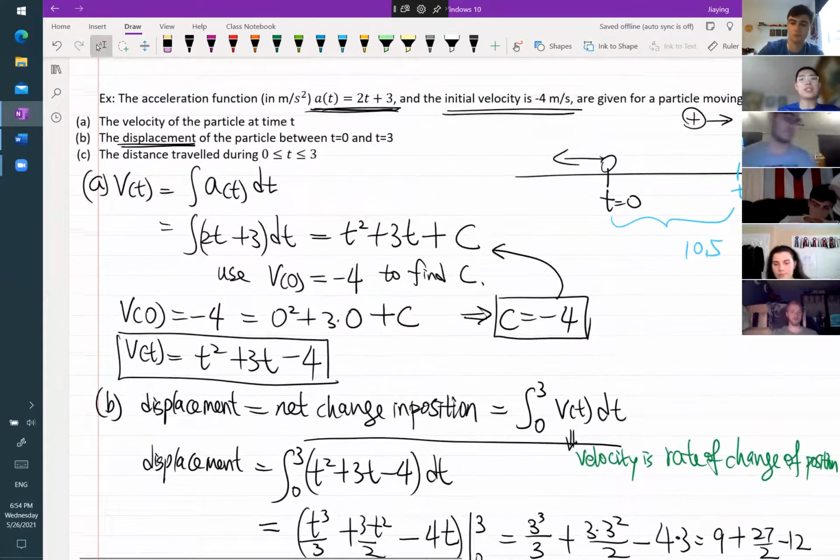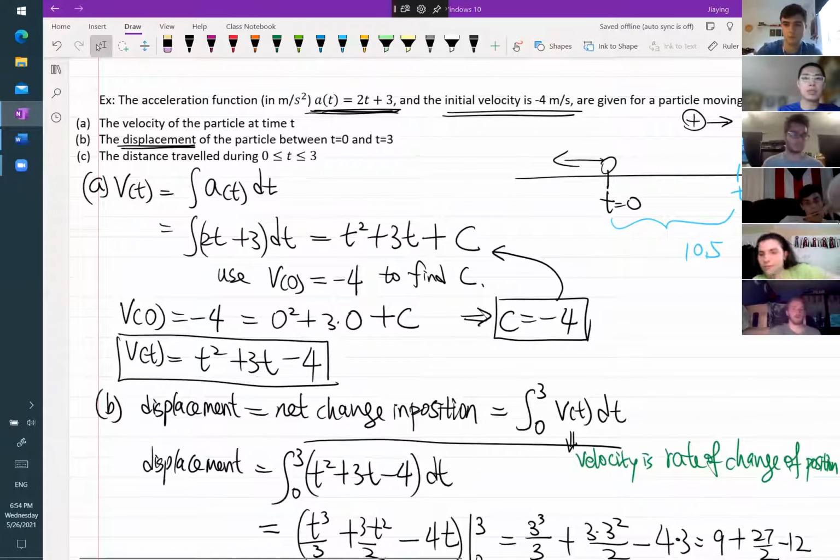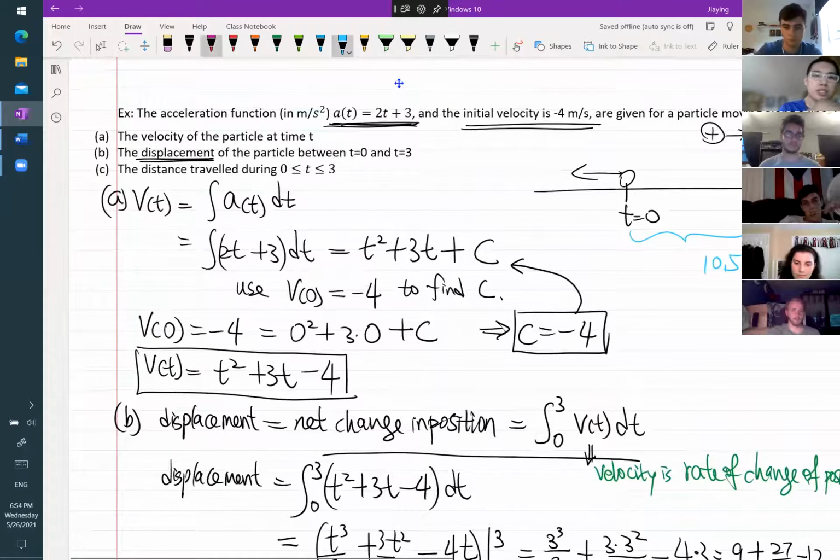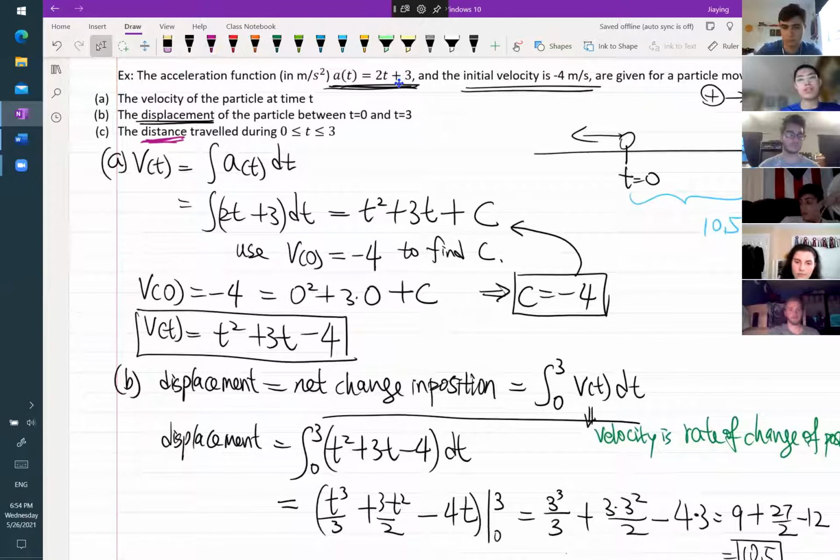But then the last part, so that's one more part, says find the distance traveled during that time, the total distance. You have to be very careful here when you try to find the distance traveled, because the particle begins at t equals 0 with a negative velocity, going to the left, right?